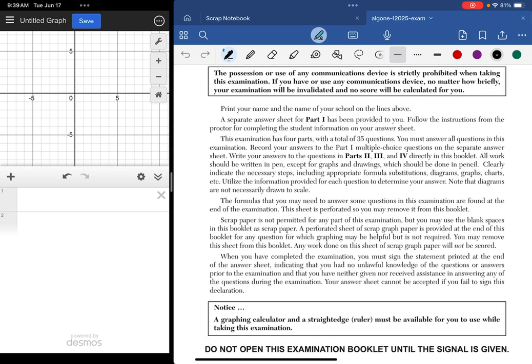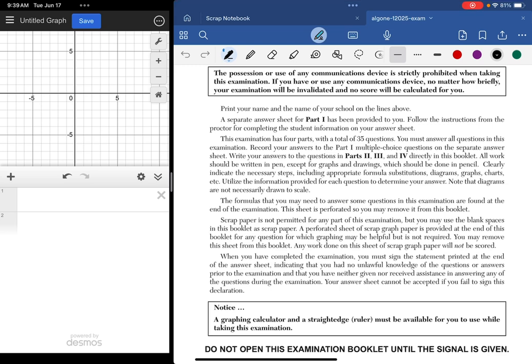All of the early part here, separate answer sheet for part one has been provided. Follow the instructions, all that good stuff. And then you get into parts 2, 3, and 4. Those are the short answer components. And for those, you're expected to show all your work directly in the booklet.